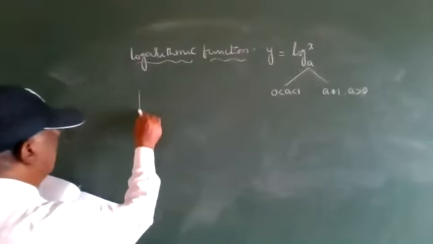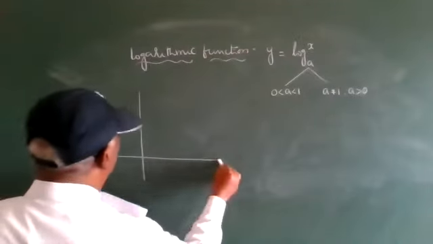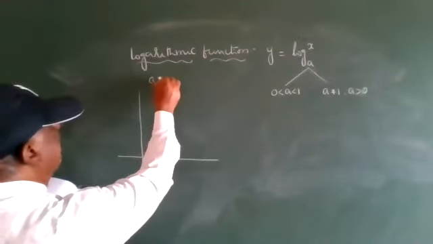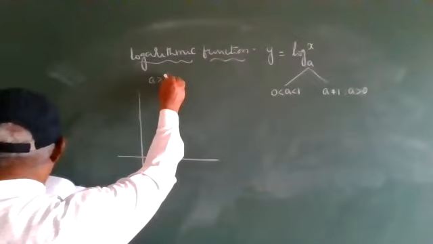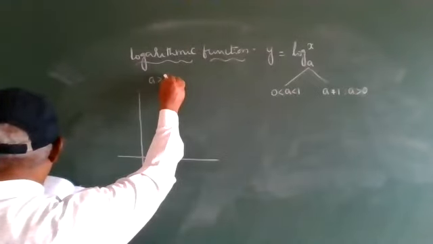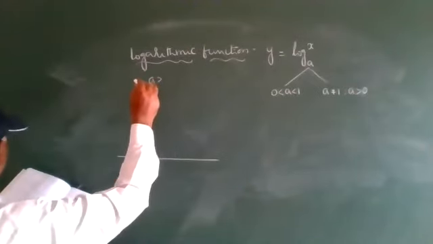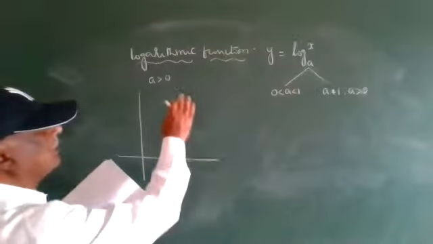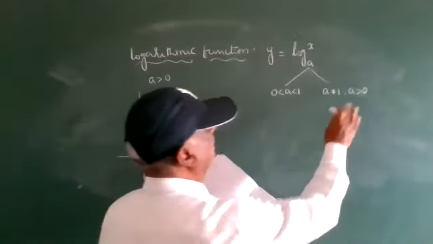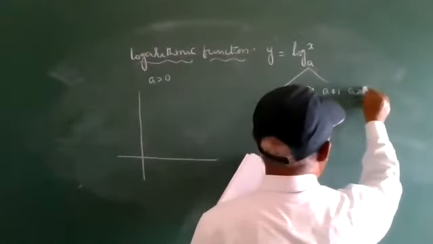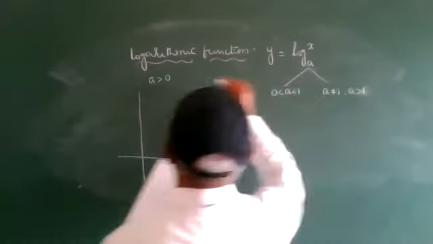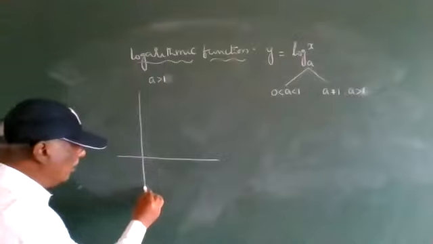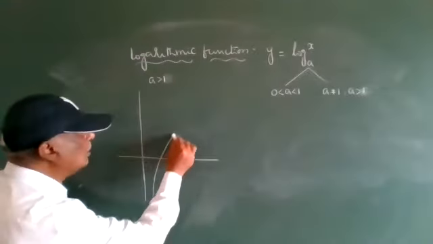Based on that, the graph is: base is greater than 1. It goes through like this, 1, 2, like this.